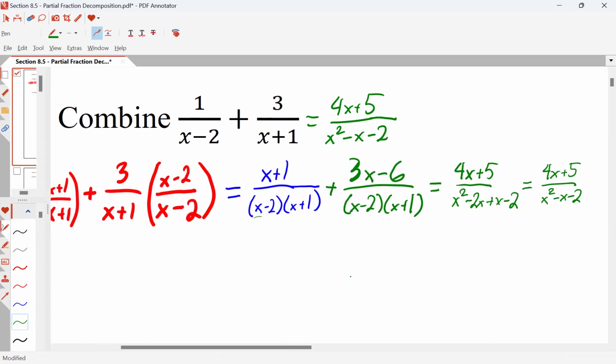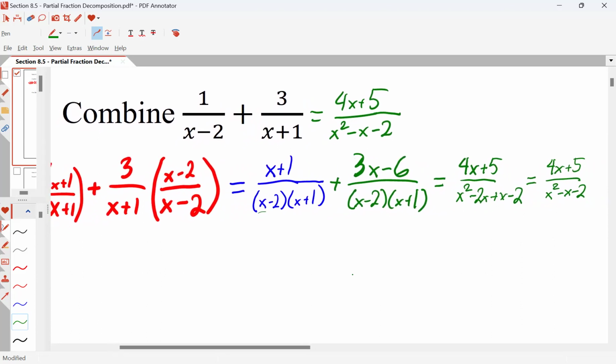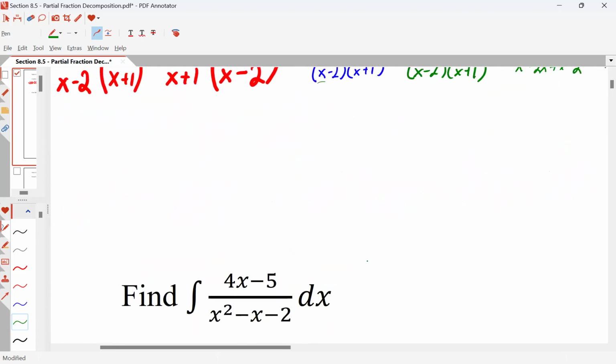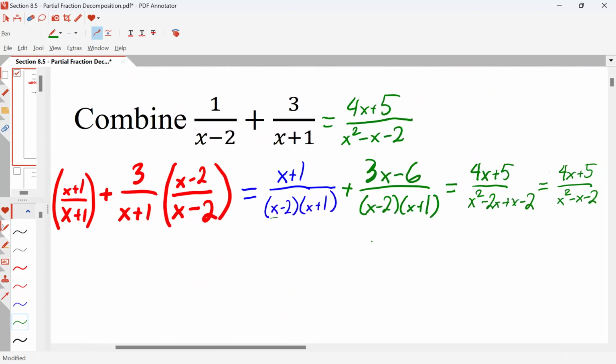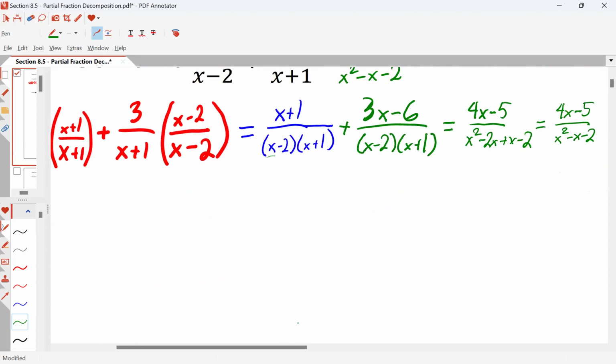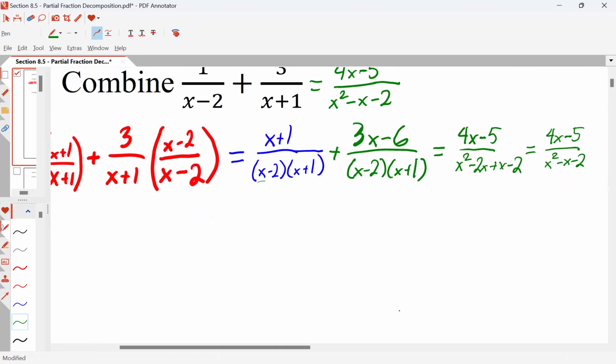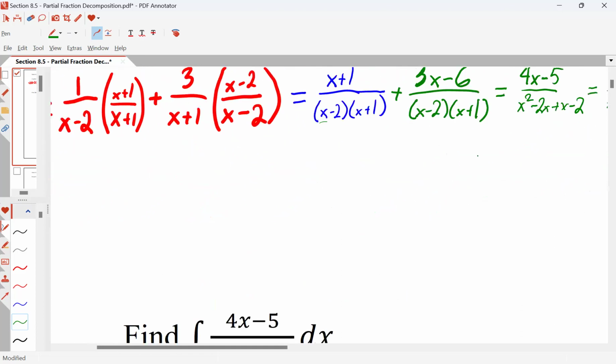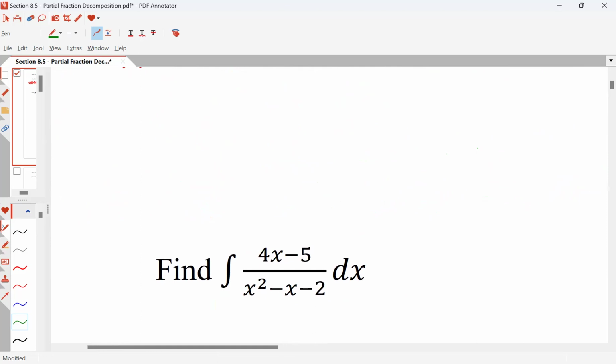Now, suppose we wanted to integrate this 4x minus 5. Said minus, I wrote a plus. Suppose we wanted to integrate this 4x minus 5 expression over x squared minus x minus 2.